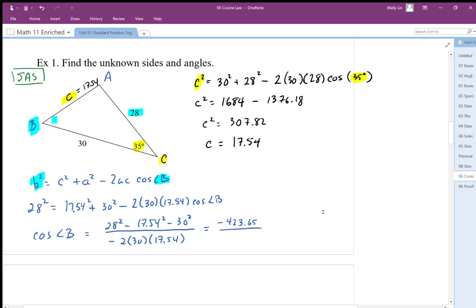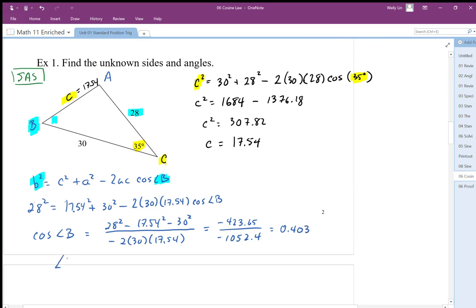Your decimals might be a little bit off mine because at some point we have to introduce rounding. In the denominator, I end up with negative 1052.4, so that cosine ratio works out to be 423.65 divided by 1052.4, approximately 0.403.